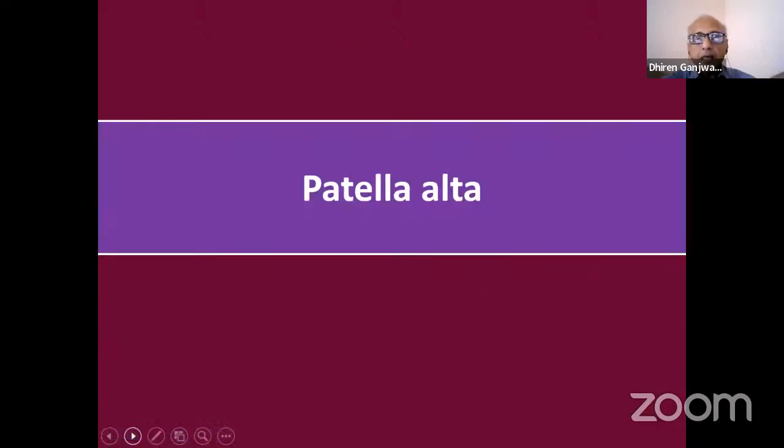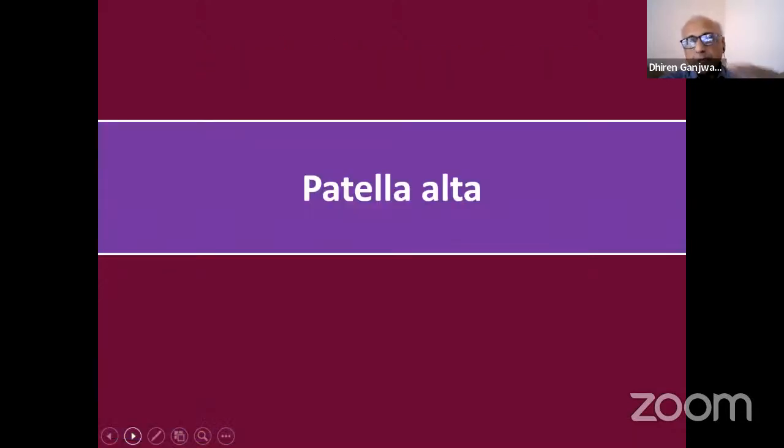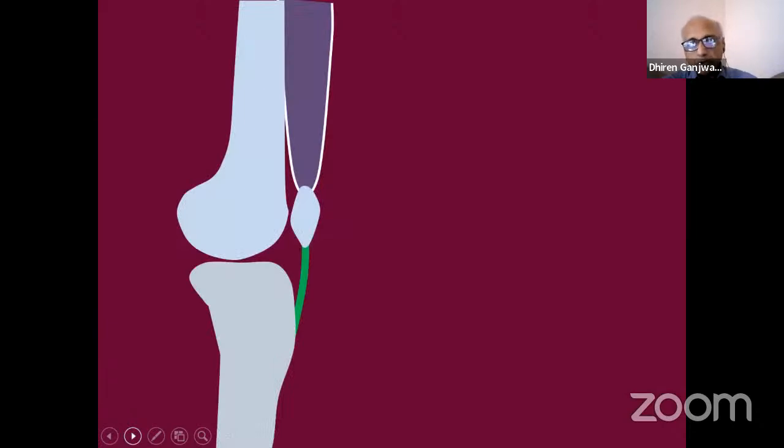Good. So this lag basically gives us an idea that probably the quadriceps is over length, either because of infrapatellar tendon stretching or because of the suprapatellar portion. Assessment of patella alta is not very well described in the books, but it is also very important. For that, I usually look at the inferior pole of the patella and its relation with the joint level.